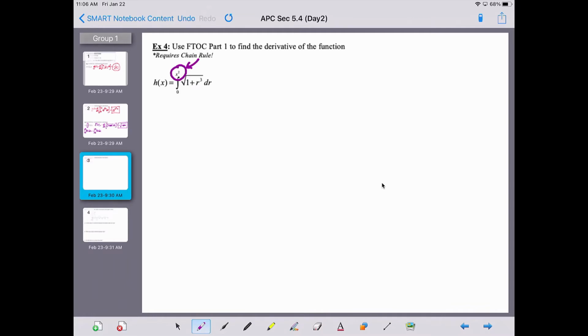Okay, so I am going to start by saying, let's let u be x squared. So then my function becomes h of u because I have changed my limits of integration to be in terms of u. So now it's from 0 to u instead of from 0 to x squared. The square root of 1 plus r cubed dr does not change, right?